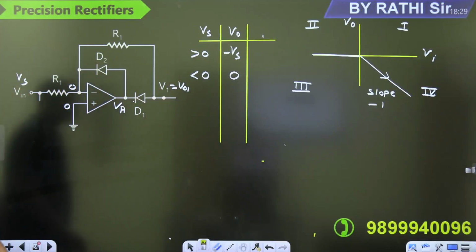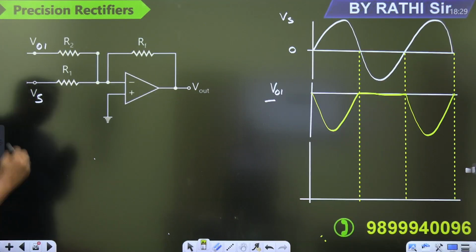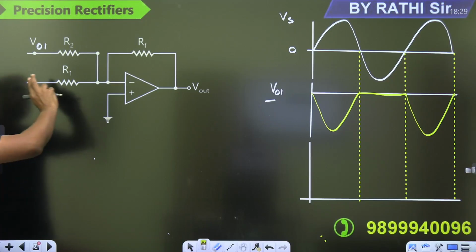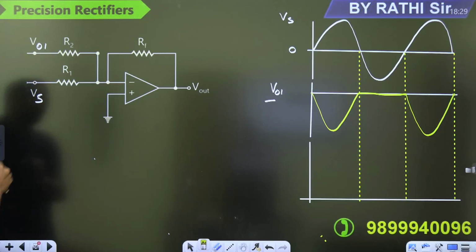Now, the summer. Guys, this is the case. This is R2 and that is R1. This is Vs and this is V01.